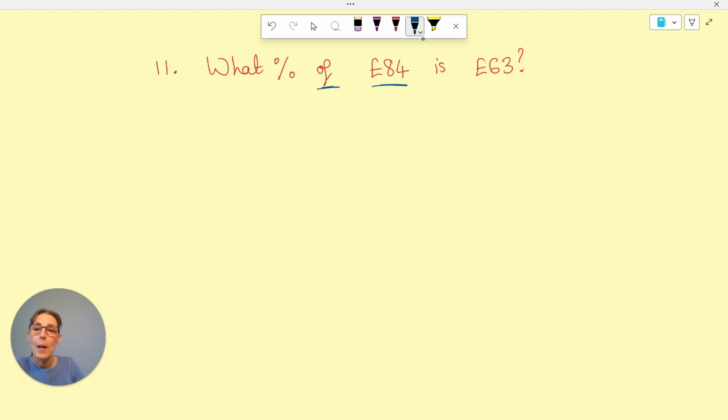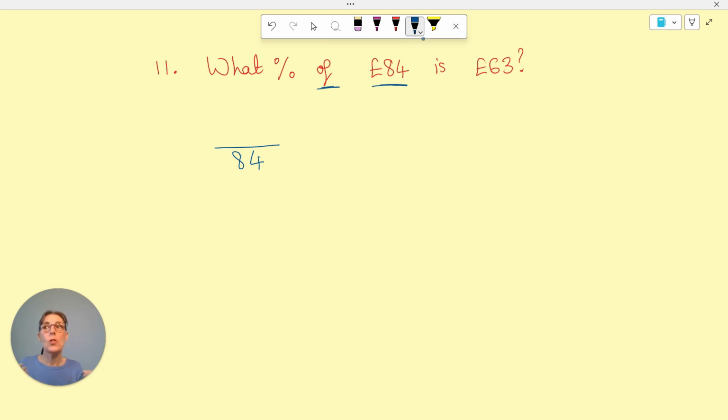Of £84 means the 84 goes at the bottom because that's your total. It's like what percentage of the audience? And there's 452 people in the audience. So that is your denominator because that is your total number of people in the audience.